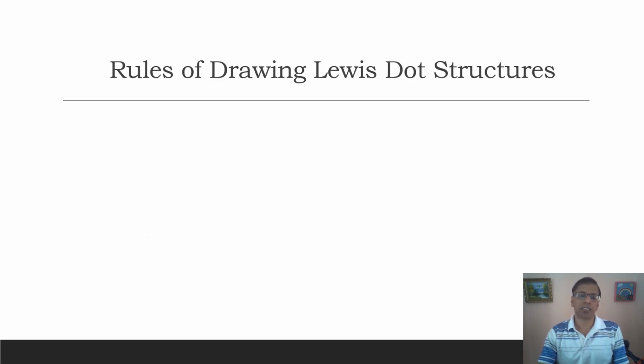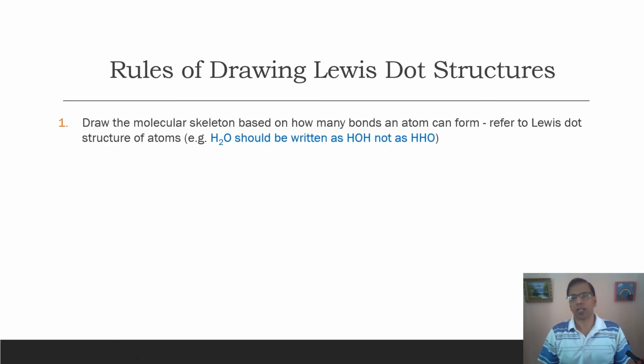So let's look at the rules for drawing Lewis dot structures of molecules. There are four rules. The first rule is to draw the molecular skeleton of the molecule, ion, or radical, and that's based on the Lewis dot structure of each atom.